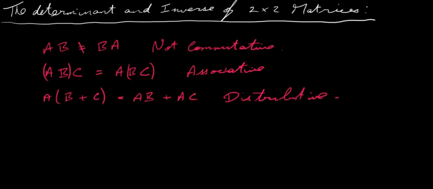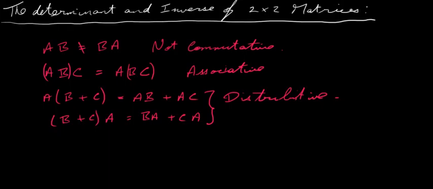Distributive property will work as well for matrices. And also, if you do this the other way around, (B plus C) times A on this side, what you need to do here is B times A plus C times A. So the distributive property works here.